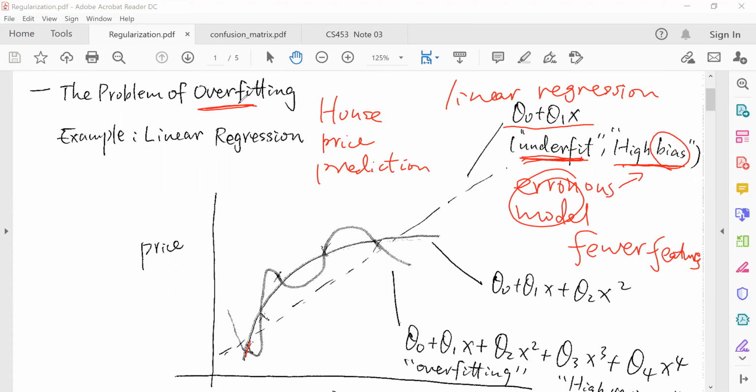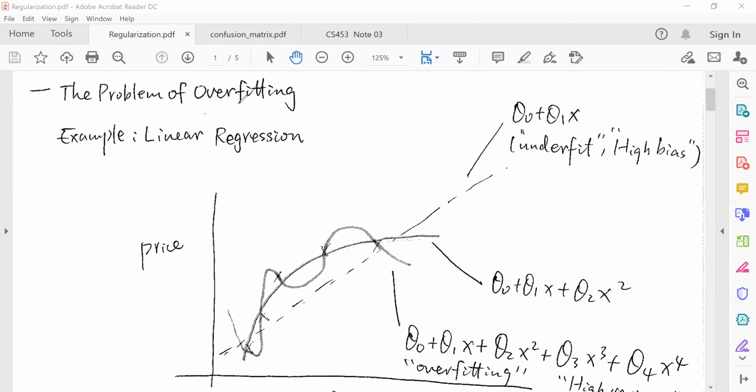Here we have those sample points, and this is that linear regression line. We can clearly see this is underfit, the bias is quite high. So that's regarding underfit. And then about overfit.